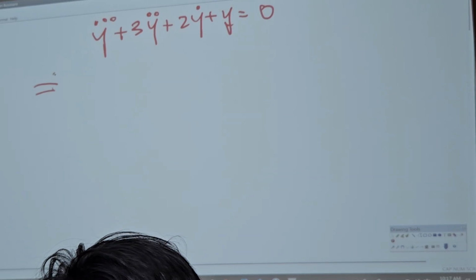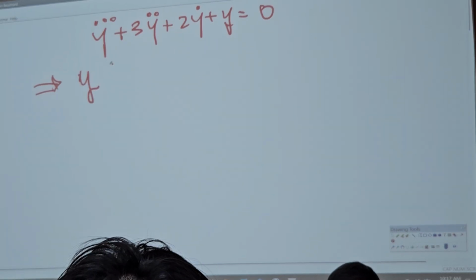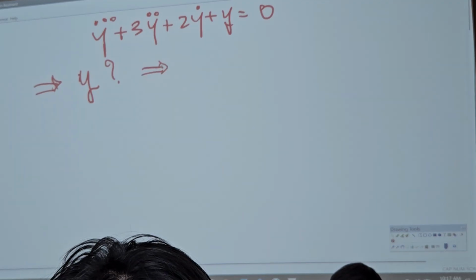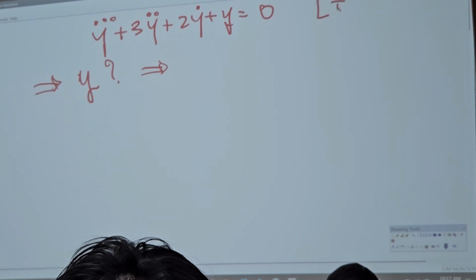How to find this one? I want to find y. This is third order, right? Do the same, because this one is linear time invariant.